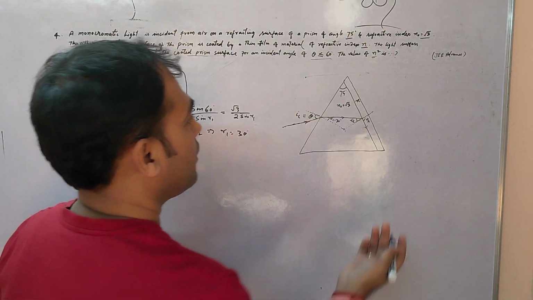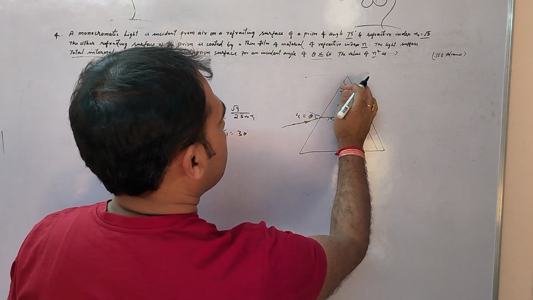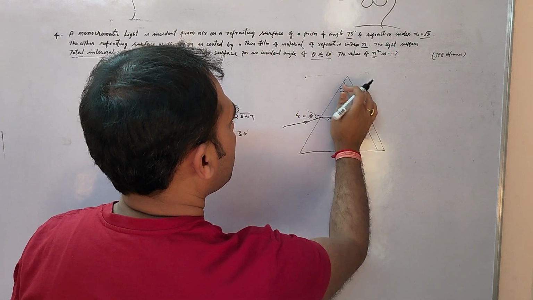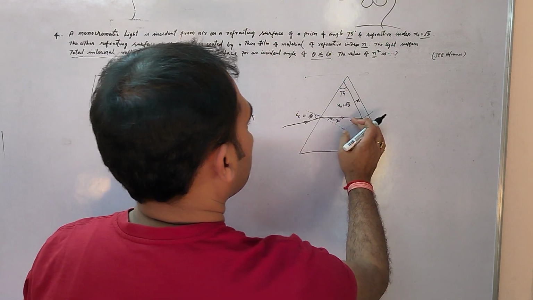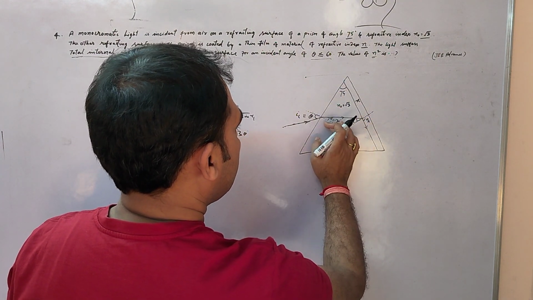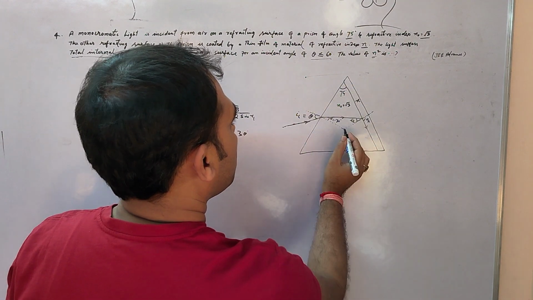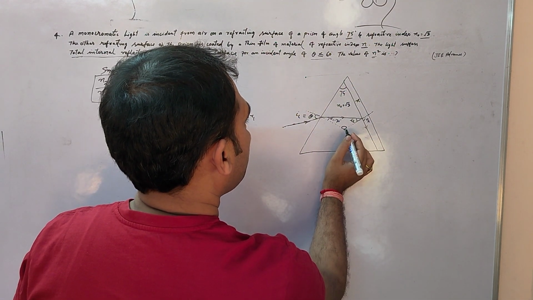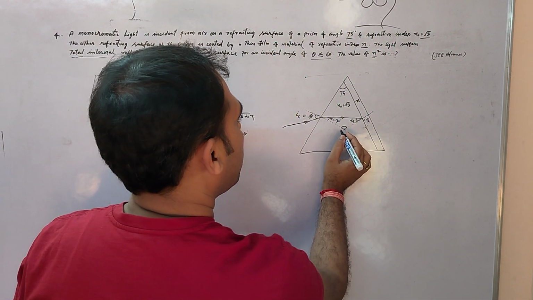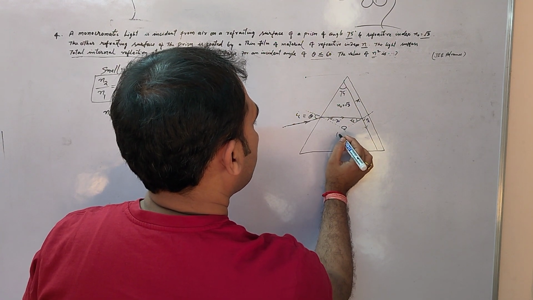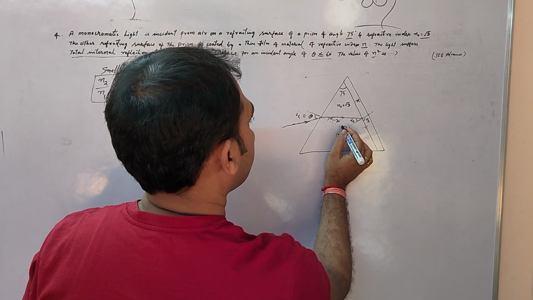Okay. Now this is a quadrilateral. This is 90 degree, this is 90 degree, this is 75. So this angle will be equal to 180 minus 75, that is 105 degree.